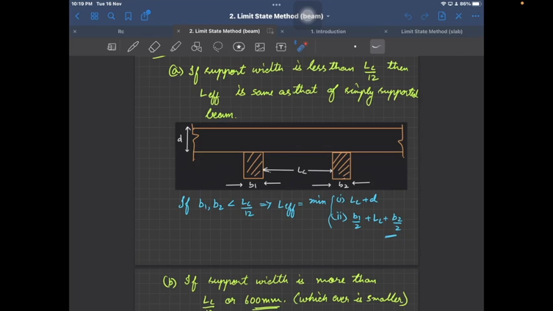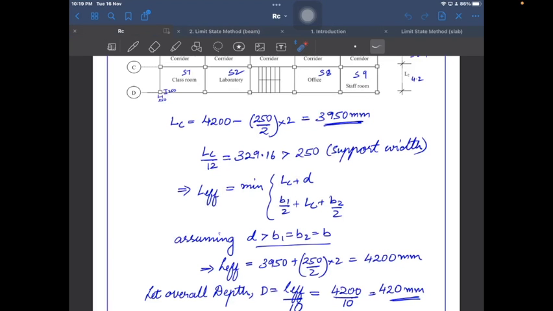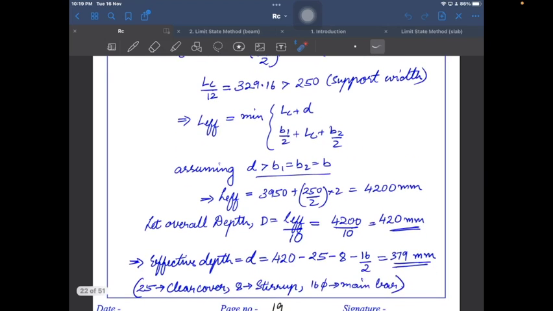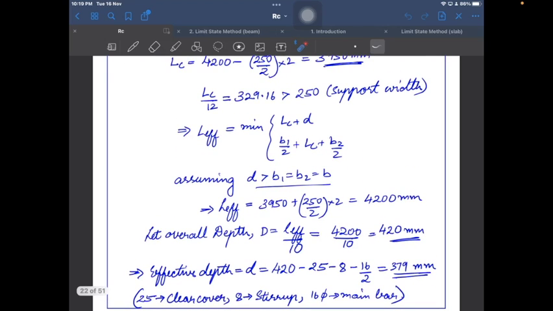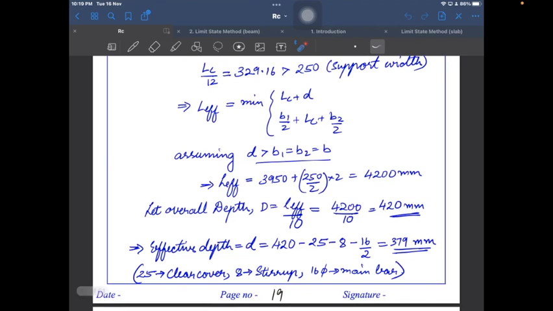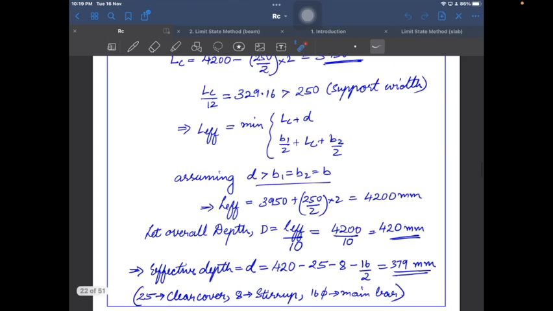So we assume that d is greater than b1 and b2, which are both the same, b, because the support width is 250. So assuming d is greater than those, we are proceeding with L effective using this formula, Lc plus b1 by 2 plus b2 by 2.